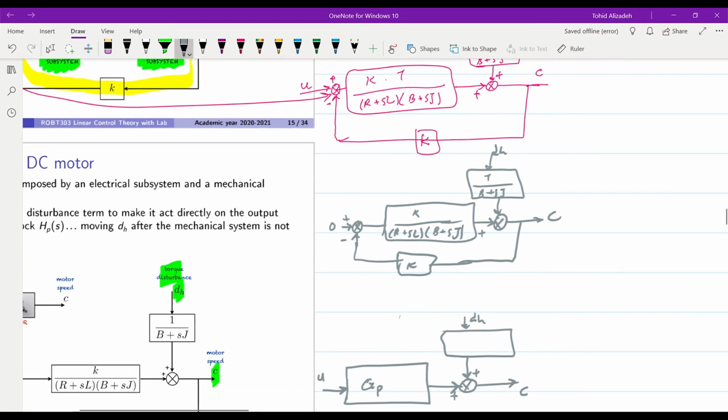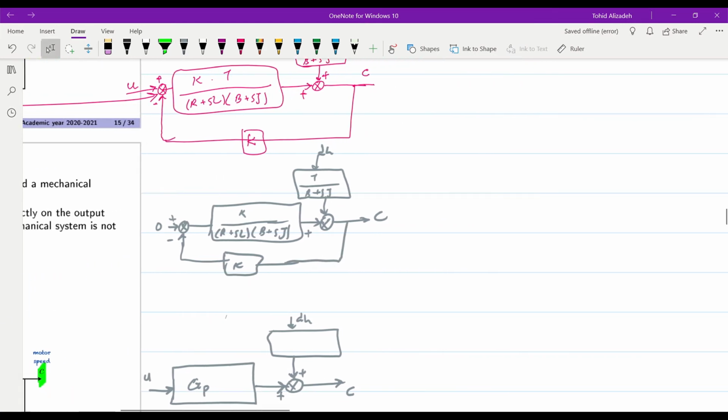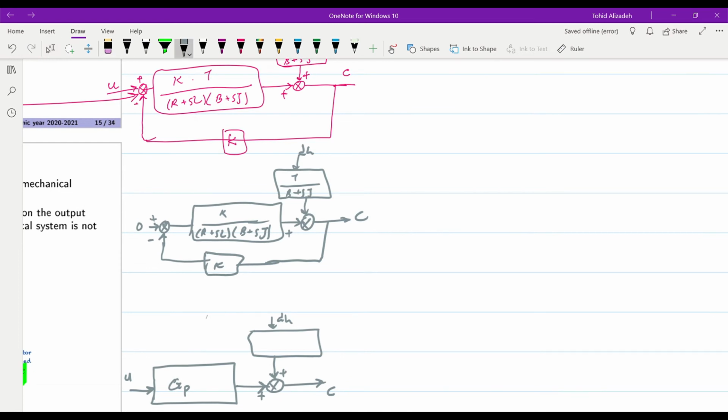And now since dH is our main input, I can kind of redraw this in this form. So dH is here.